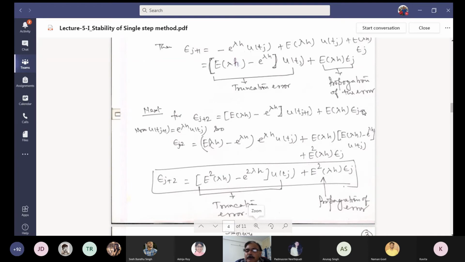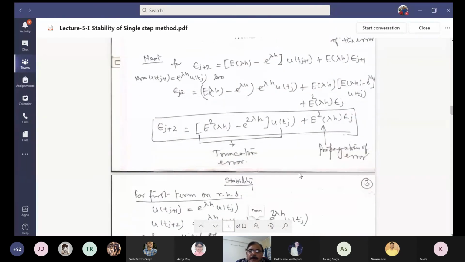So epsilon j plus 1 can be written as e lambda h minus e to power lambda h into utj. So you just multiply and simplify this. Finally, you can see that at the j plus second stage, what is happening to the error epsilon j plus 2?